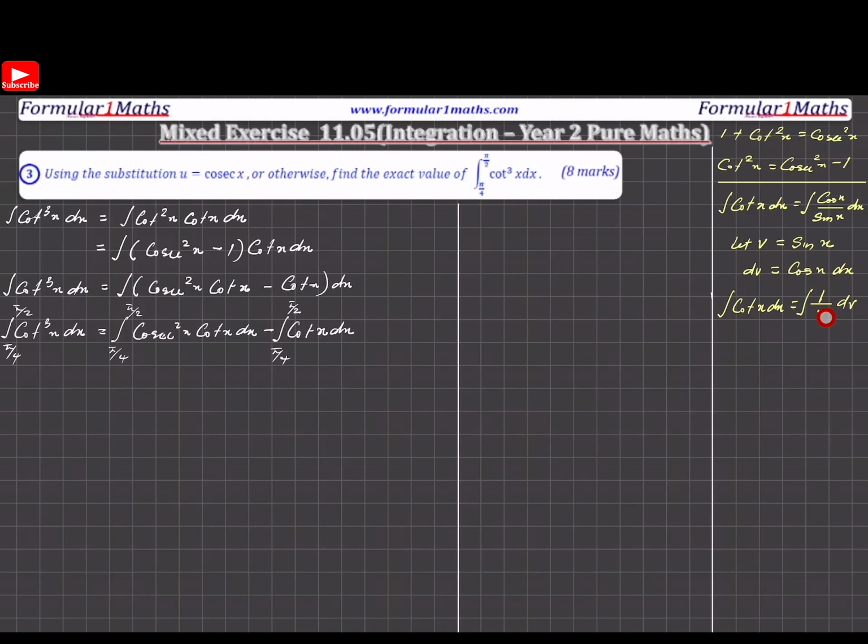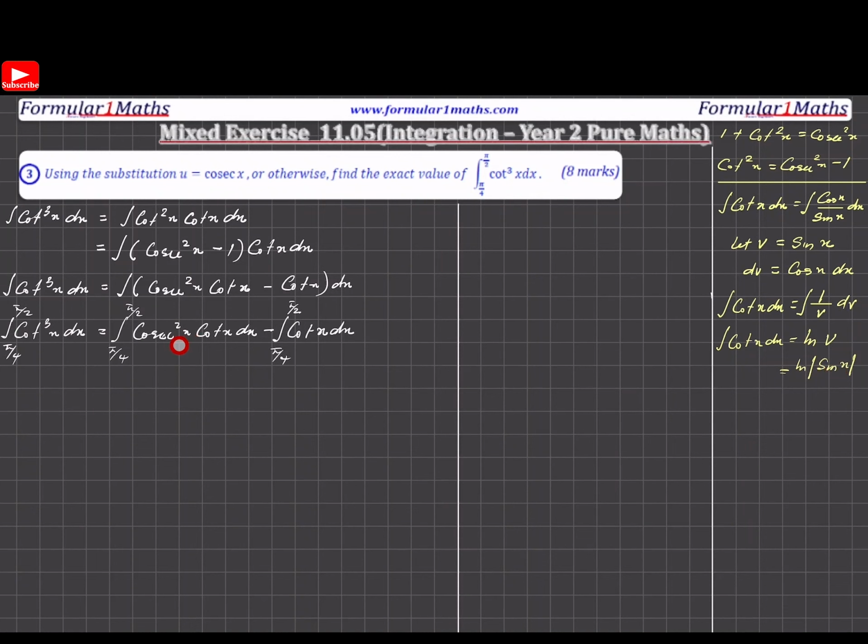Now, 1 over v dv can be integrated easily to get ln v. So, cot x dx becomes ln v. And since v is equal to sin x, we end up with ln sin x. And so now we can replace this integration with ln sin x, and we'll do that later.